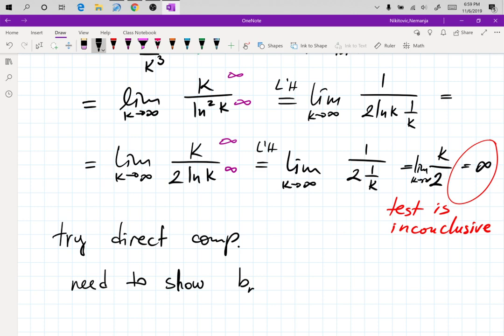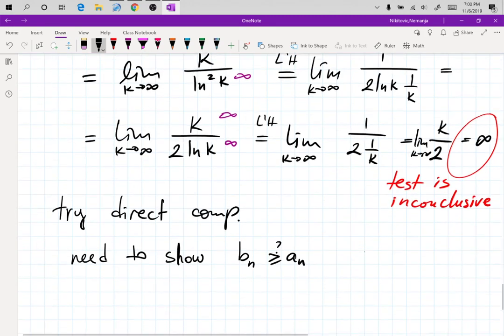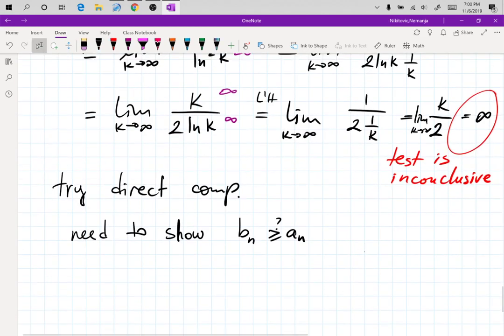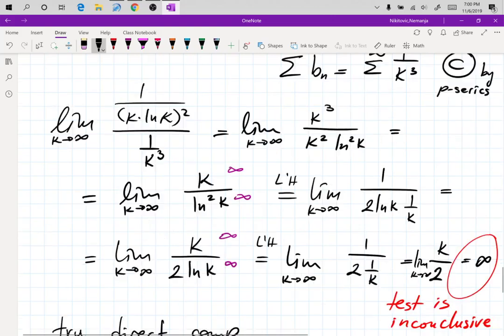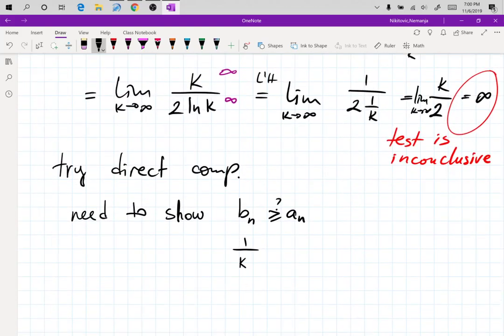Need to show that Bn is bigger than An. So Bn was 1 divided by k to the 3, and that needs to be bigger than 1 over k ln k squared.